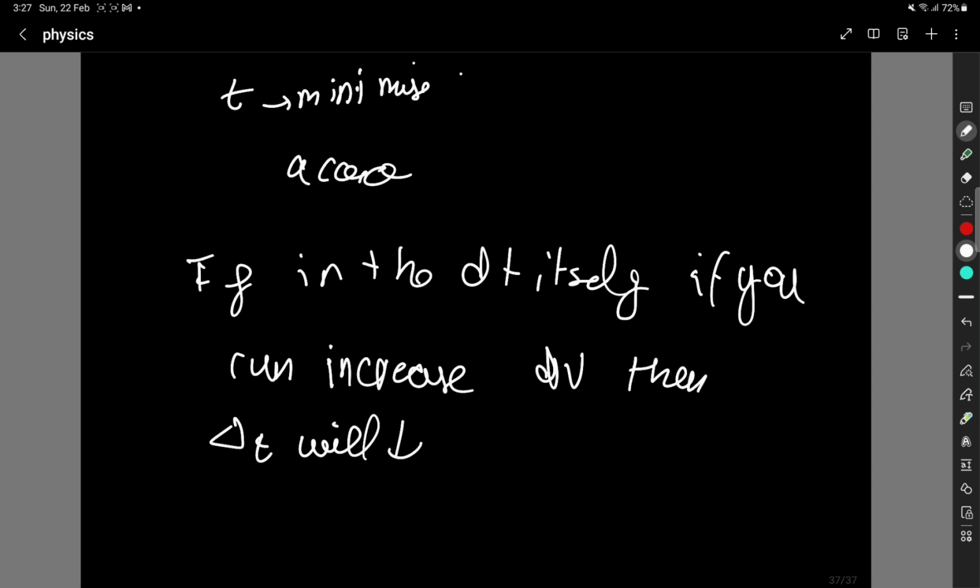And let's say you wanted to play football also. If instead of studying for 3 hours, which is when theta tends to 0, you took some deviation and played for 1 hour and then studied for 2 hours, then the amount of work you would have done is less.